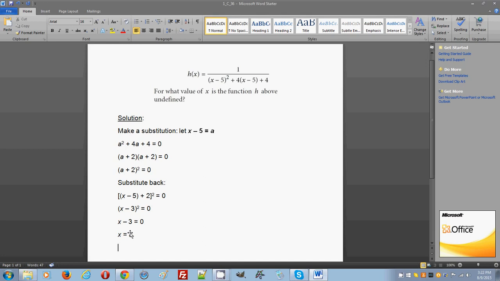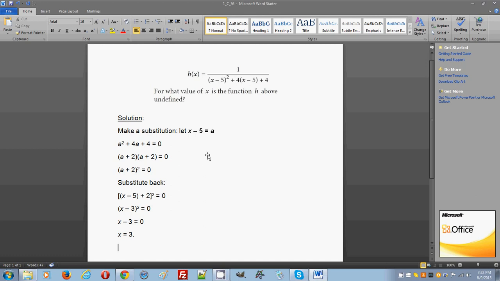So the x value of 3 makes the function undefined because the x value of 3 makes the denominator 0. Now suppose that you didn't know how to do this. Suppose that you didn't see this coming, you didn't really understand how you can do the substitution, or how you can even see it without the substitution.